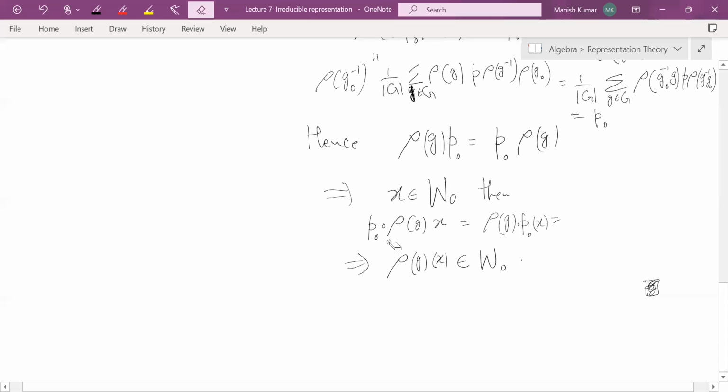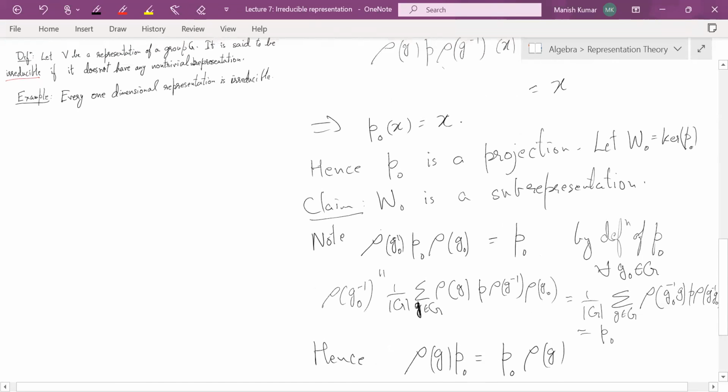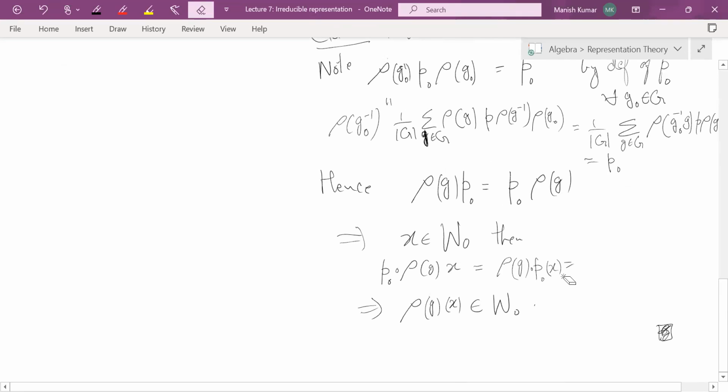So P0 of rho g x is rho g of P0 x, but W0 is the kernel of P0, so P0 x is 0 and rho g is linear, so this is 0.